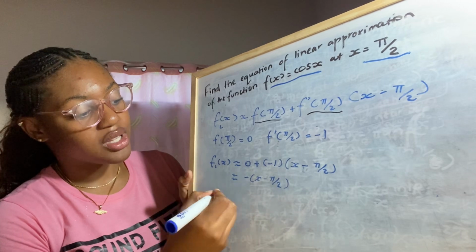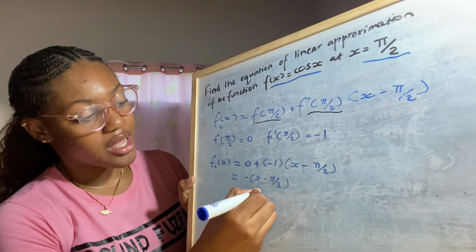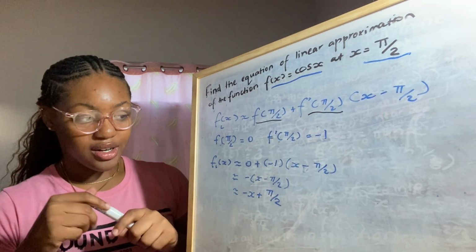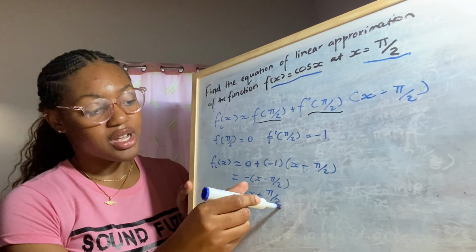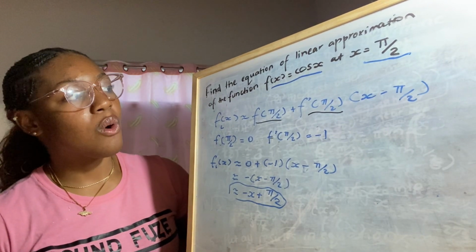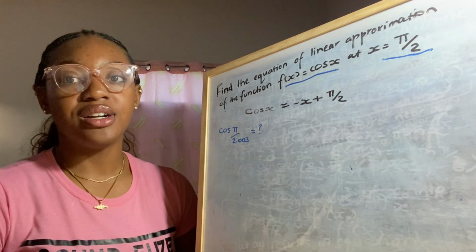You can distribute the negative sign to have negative x plus pi by 2. Therefore, this function is our approximation. This is our first order estimate for the original function cos x. So this is our first order linear estimate.